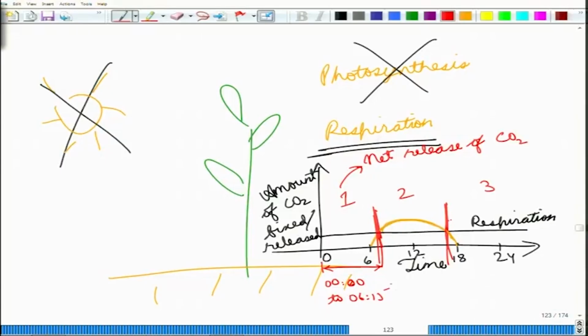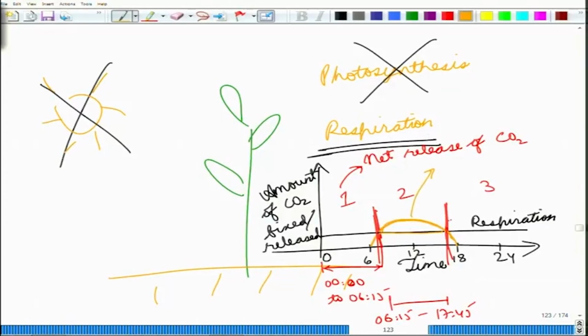In this stage from 6:15 to say around 17:45, we see that the amount of carbon dioxide that is released in the process of respiration is less than the amount of carbon dioxide that is getting fixed because of photosynthesis.